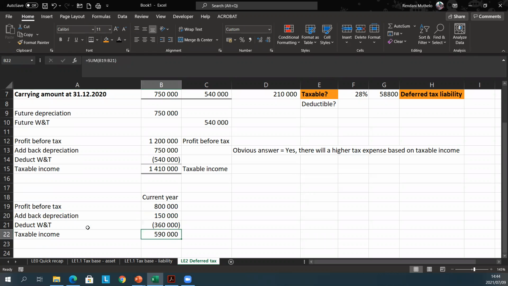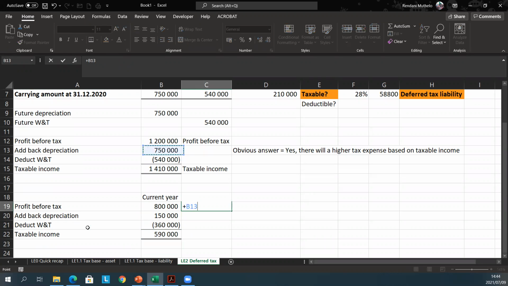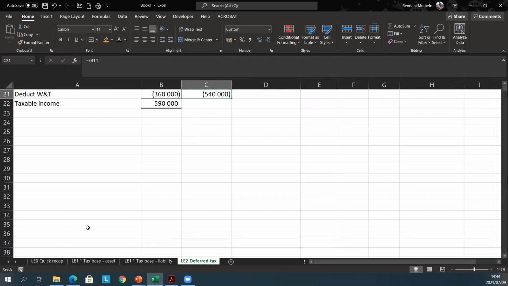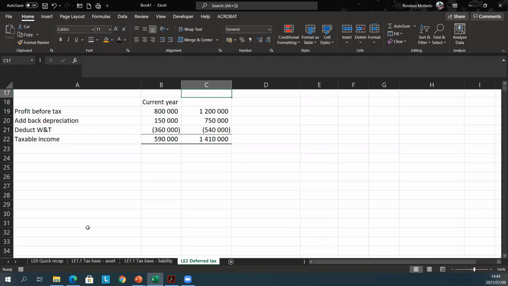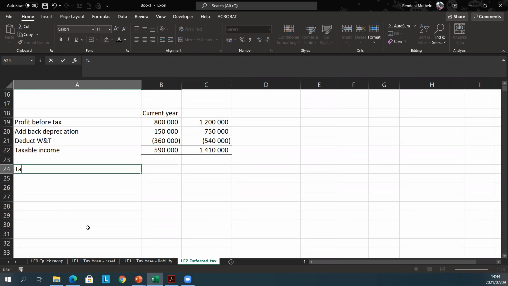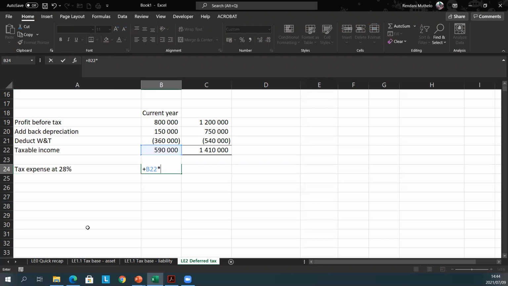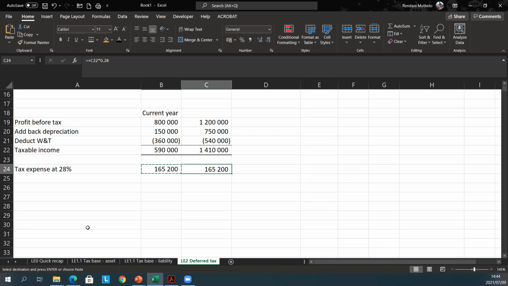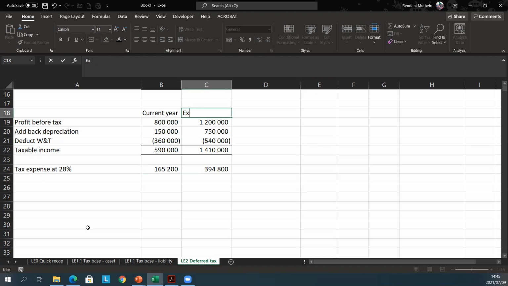So we notice that in the current year, the taxable income is 590. Then in the future, we had already determined it, and we are seeing it being 1410. What is the tax expense in both instances? It is 165,200 and 394,800. Interesting. So that is what was asked of us. So this is expected in the future.